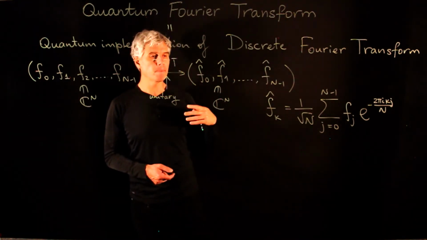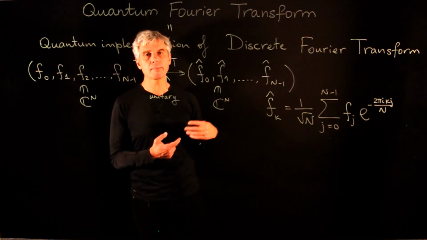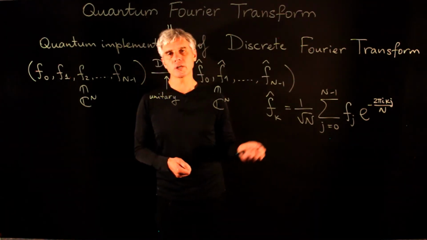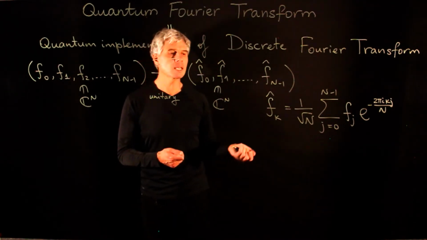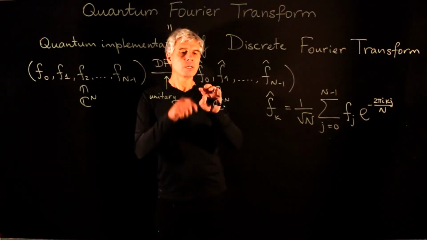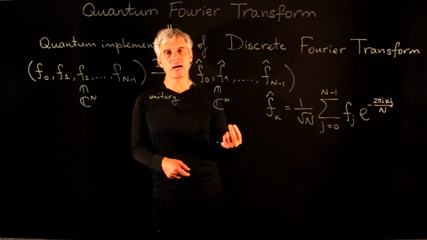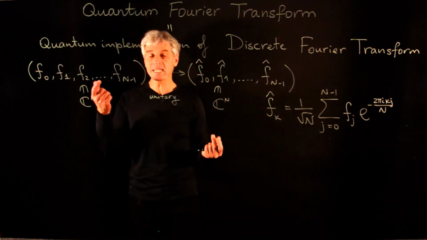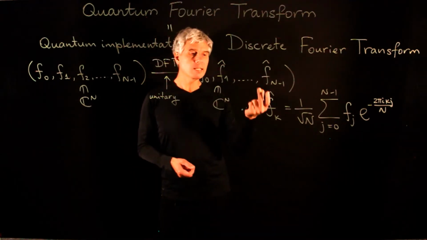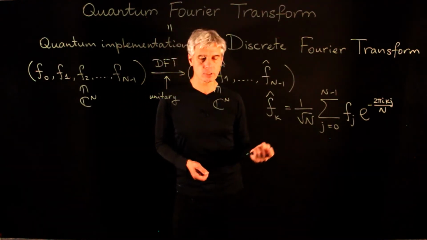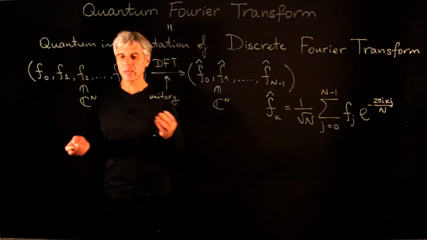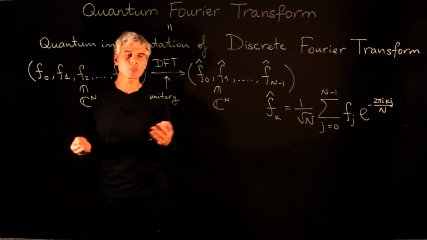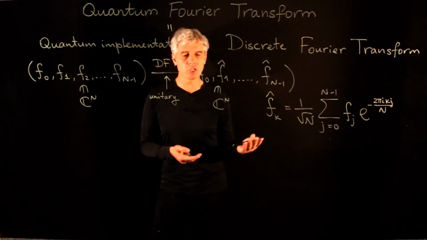We take as basis vectors samples of exponential functions, and each exponential function corresponds to a particular frequency. These Fourier coefficients are the coefficients of representation of the same signal, but now as a linear combination of exponential functions. So the discrete Fourier transform is a change of basis transformation.